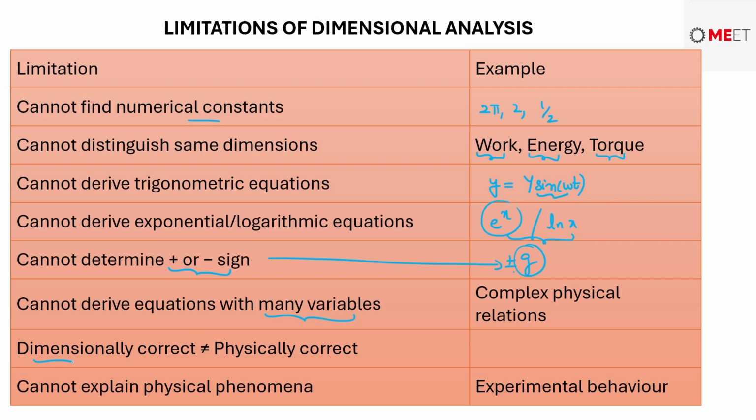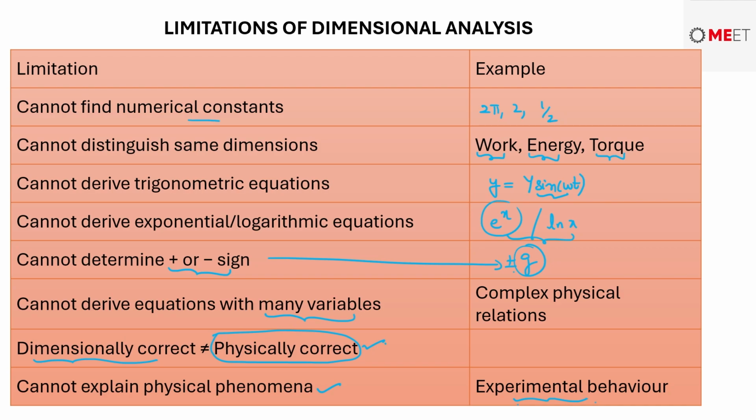Dimensional analysis may give a dimensionally correct relation, but that doesn't mean the equation formed is physically correct. Even this is one of the limitations. It cannot explain the physical phenomena or experimental behavior. So these were the limitations of dimensional analysis.